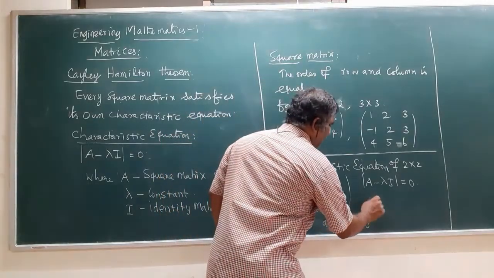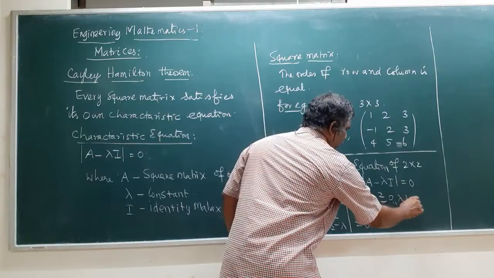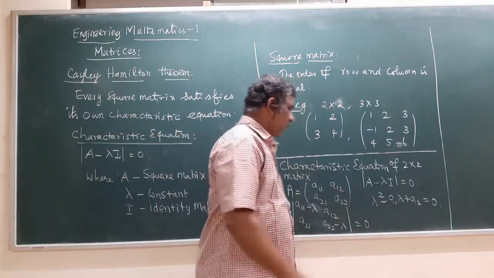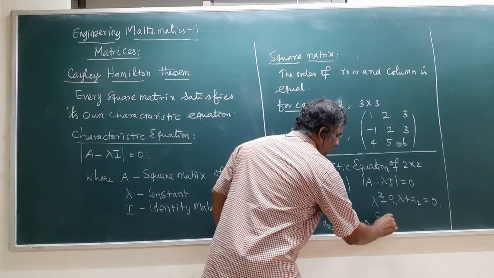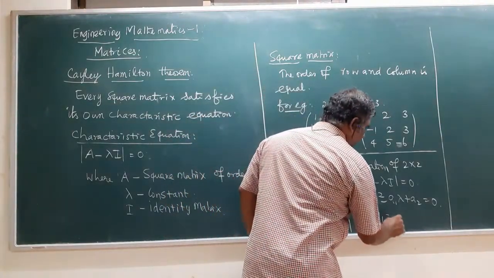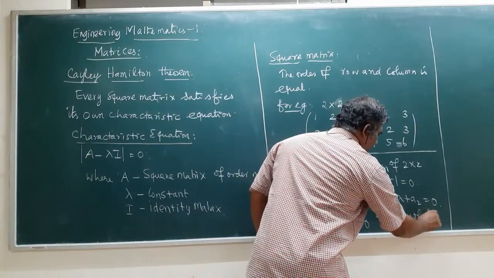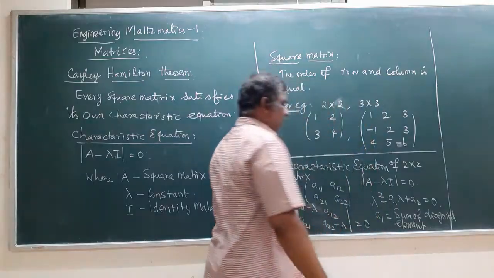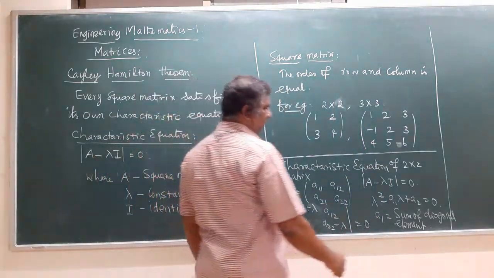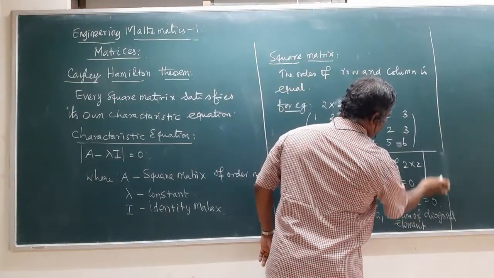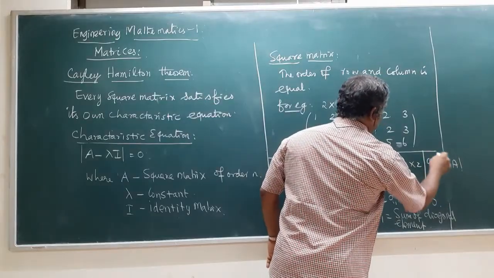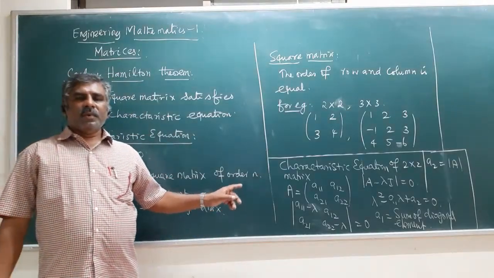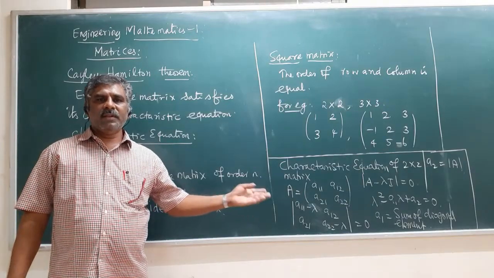In general form it is lambda square minus A1 lambda plus A2 equal to 0, where A1 is the sum of diagonal elements and A2 is the determinant of A. Similarly, we can define the characteristic equation for a 3 by 3 matrix.